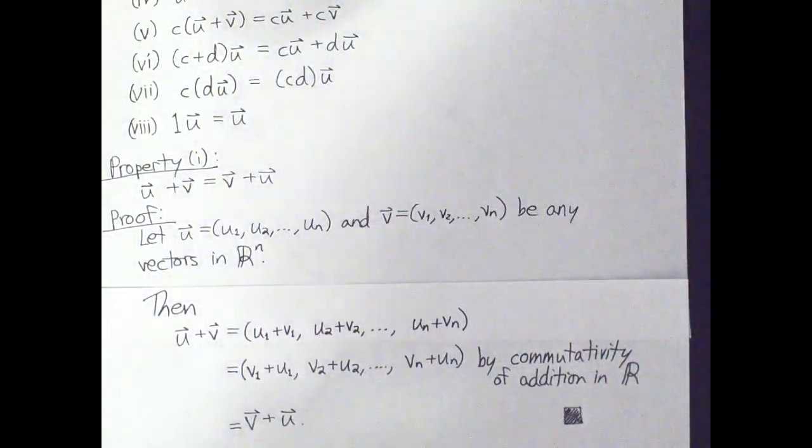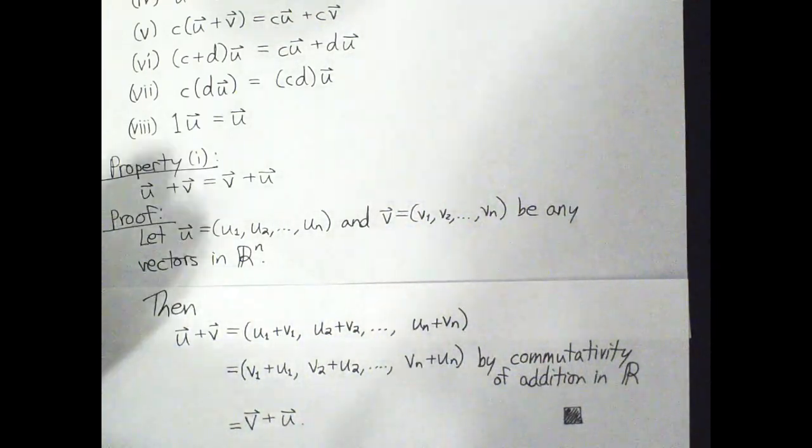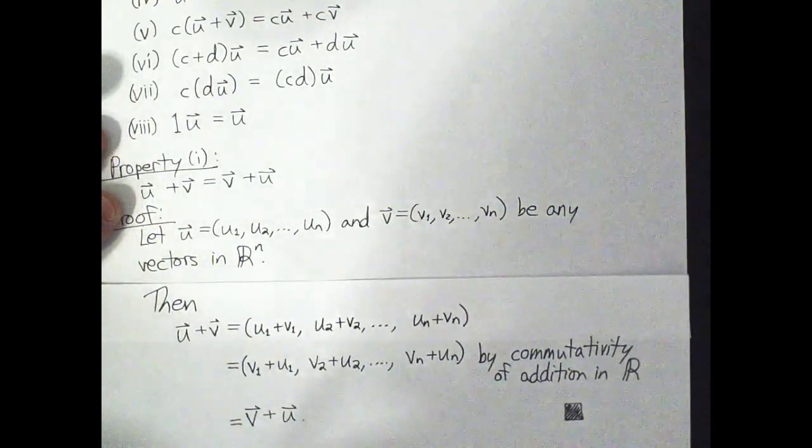And you could prove some of these other ones in a similar way. Like, I'm looking at property 2 right now, and property 2 is called the associative property, and the associative property also works for addition of real numbers. So, similar idea, you could prove some of these other properties.